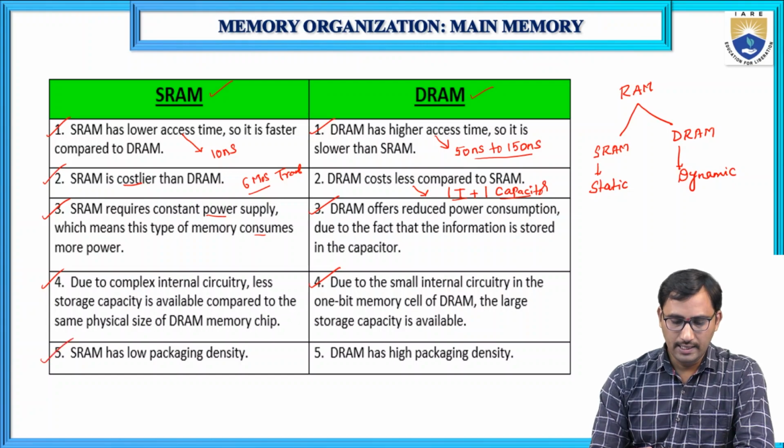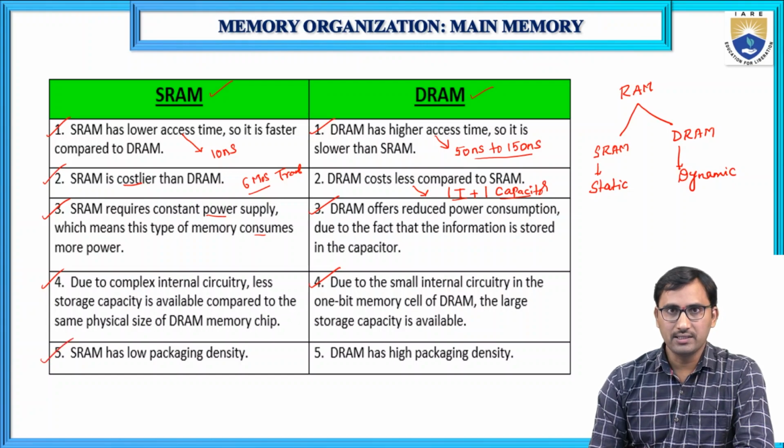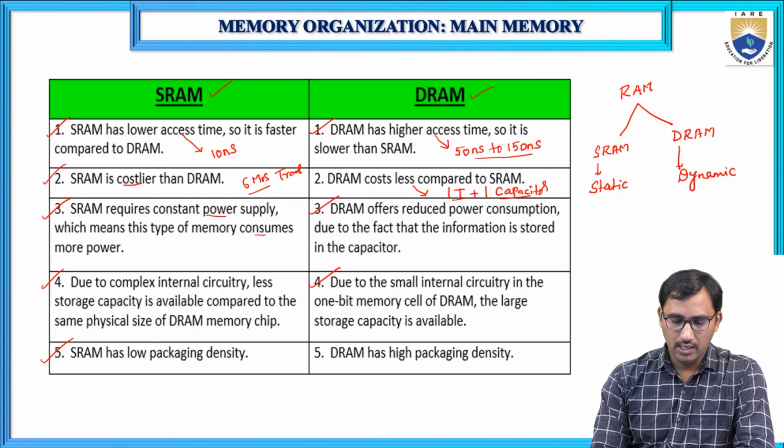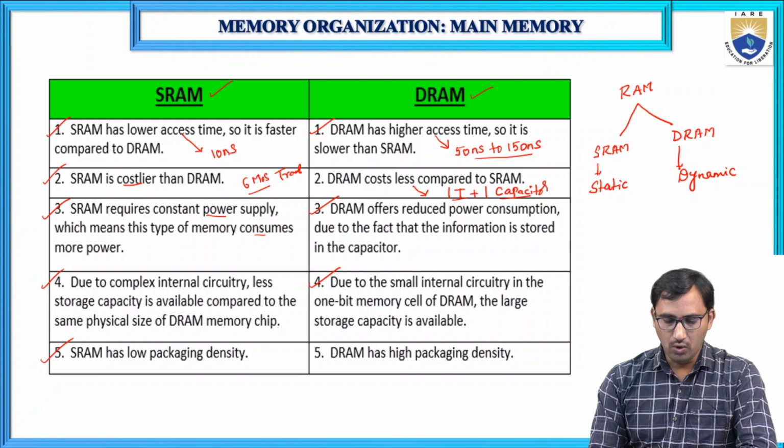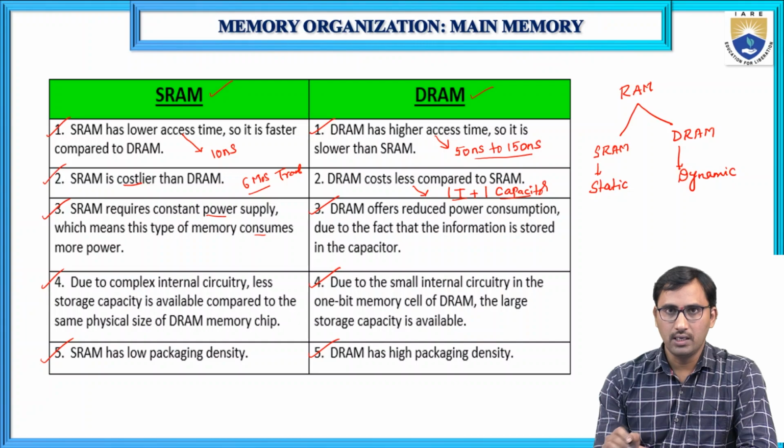And fifth one, SRAM has low packaging density, and DRAM has high packaging density, because in SRAM more components are there. So these are the main differences between the SRAM and the DRAM.